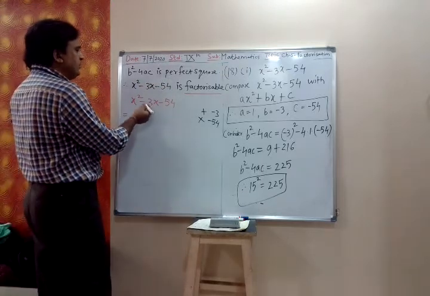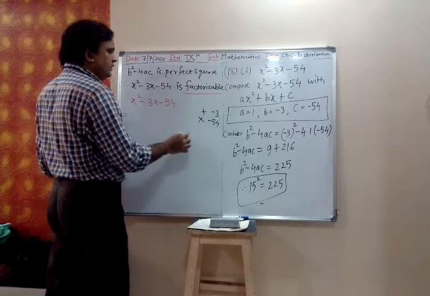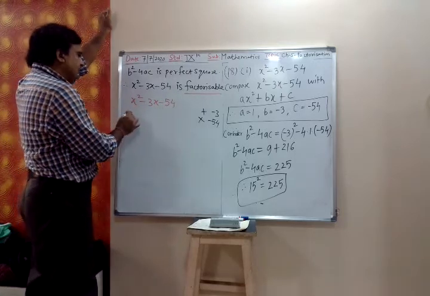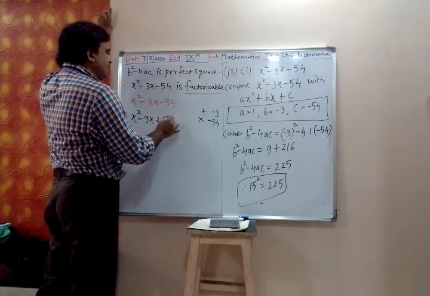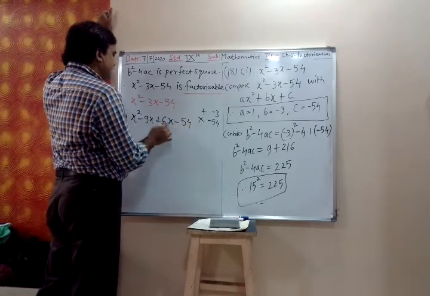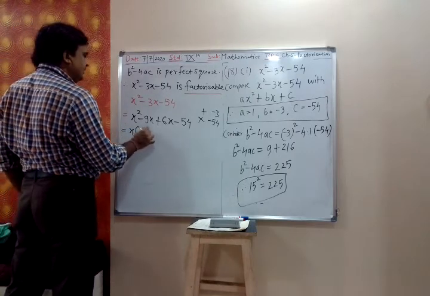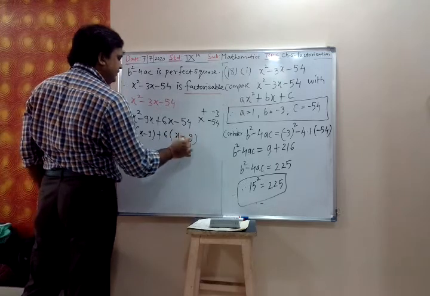Find two numbers whose sum is minus 3, multiplication is minus 54. Minus 9 and plus 6. So x square minus 9x plus 6x minus 54. Middle term we have split. So now we take x common, x into x minus 9 plus 6 into x minus 9.